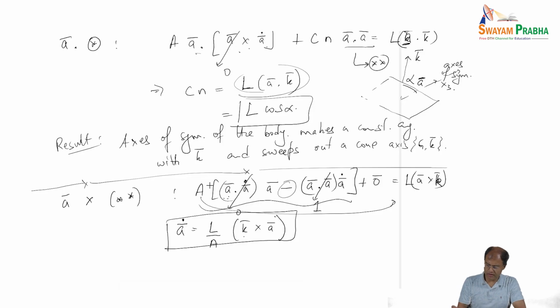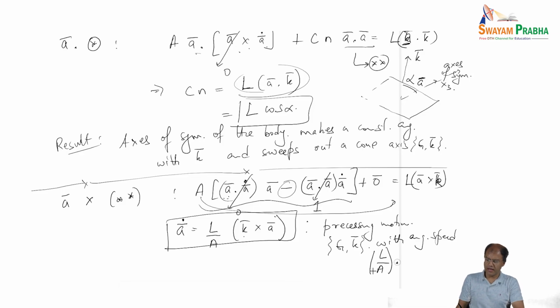So this is the precessing motion around G comma K, with angular speed L by A.